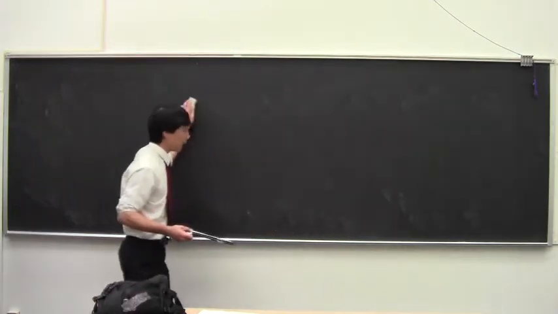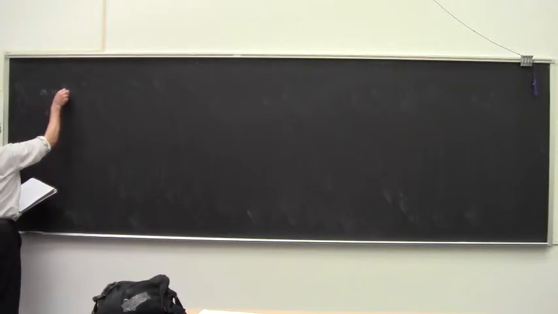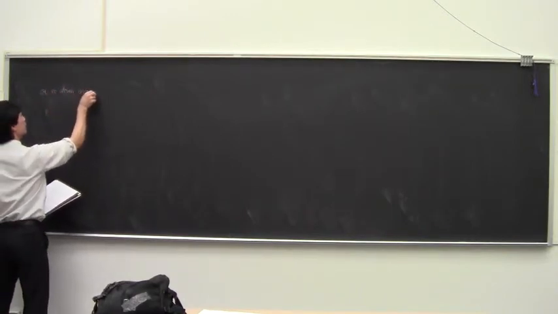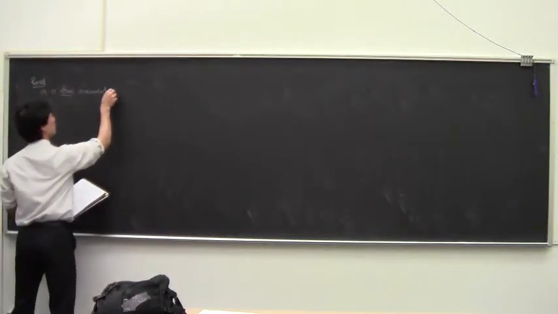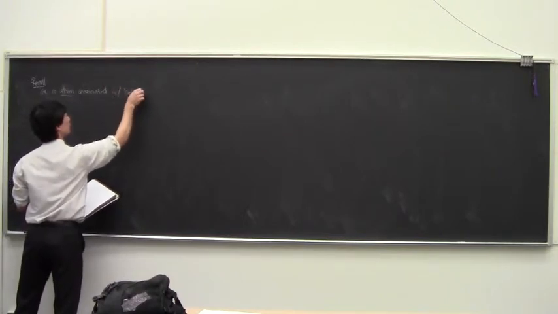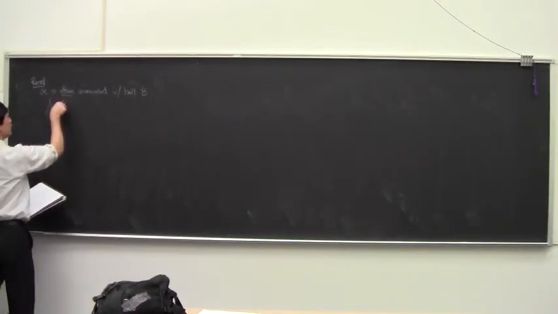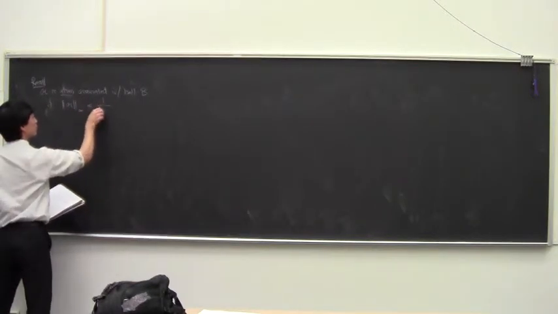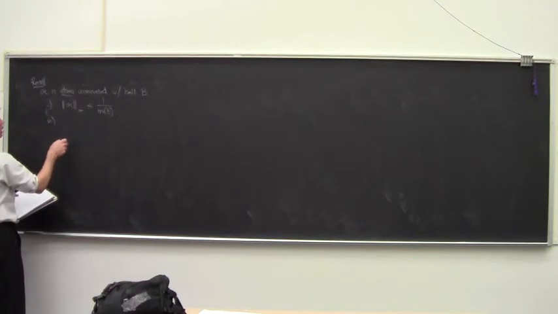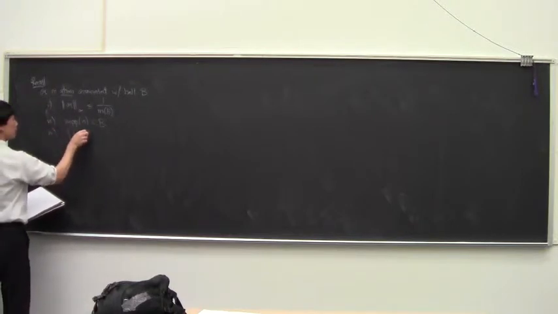So when we defined our atoms, we said, okay, recall, A is an atom associated with a ball B if, one, the L infinity norm of A is controlled by 1 over the size of B, and two, the support of A was contained in B, and three, it satisfied its cancellation condition.